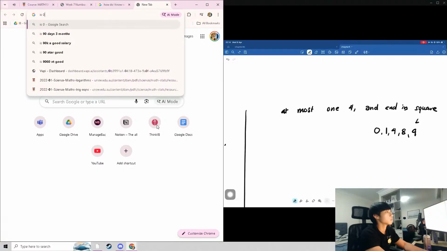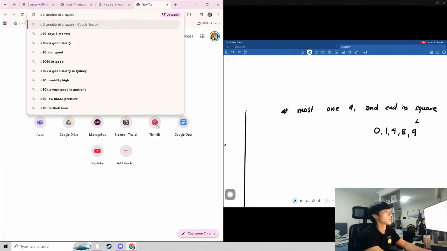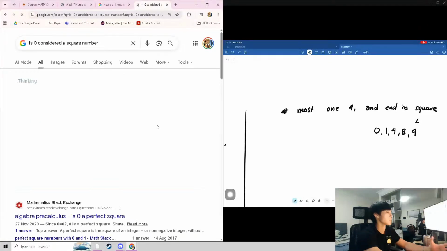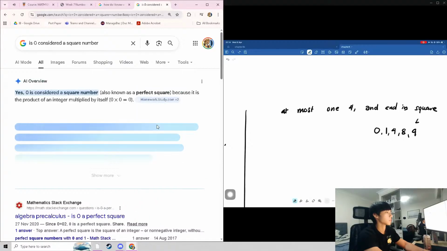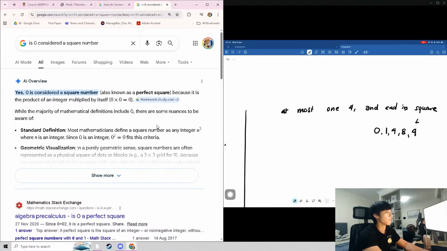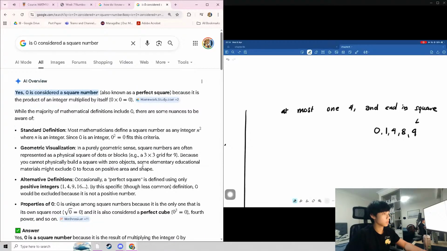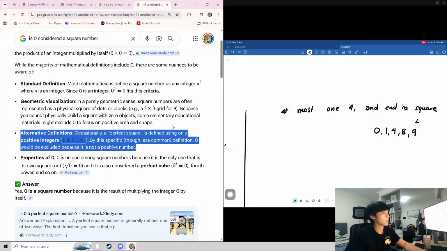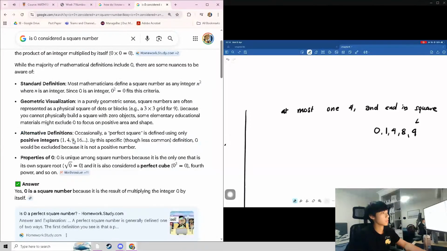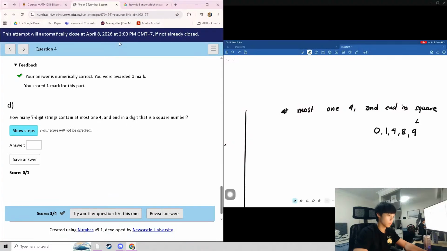Is 0 considered a square number? Yes. 0, 1, 4. 8 is not a square number. It's a cube number. I'm a dumbass. Okay.